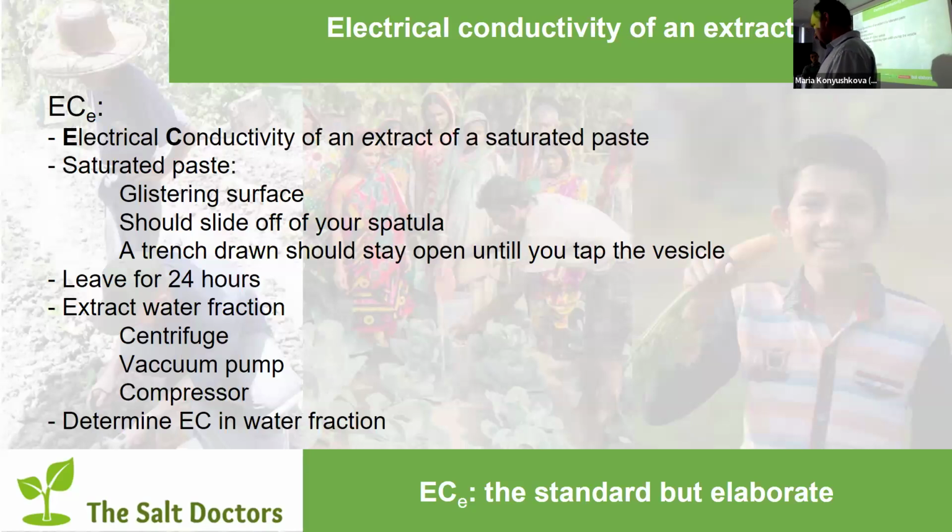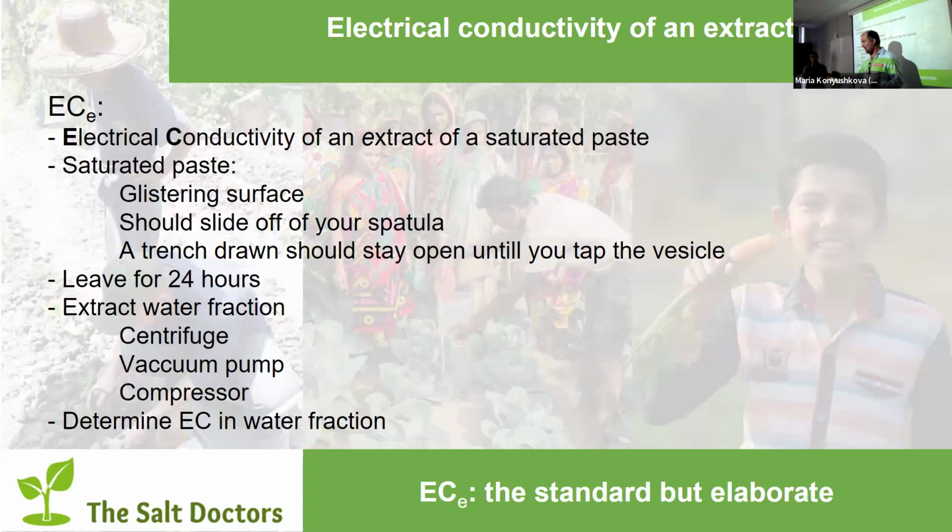But you add quite a bit of water because EC meters want to measure in a watery phase. And ECE, a saturated phase, has considerably less water. That's why you can't stick an EC meter in it. So you'll find that almost always, except for the probe that you can stick directly into a saturated phase, the simpler methods are more diluted.